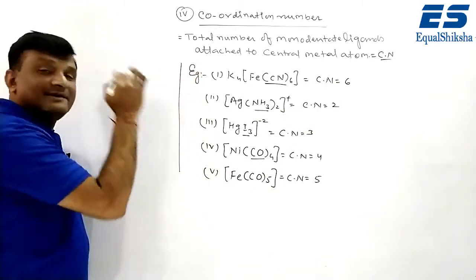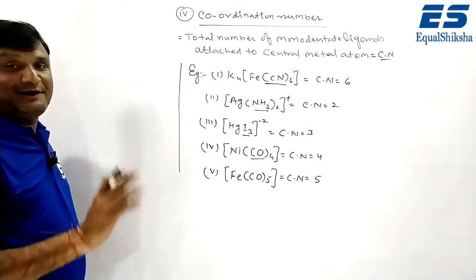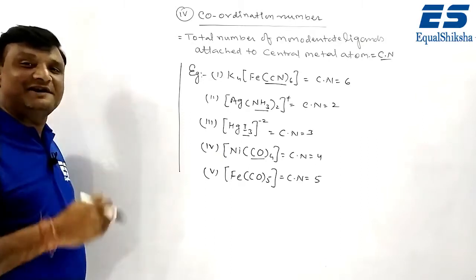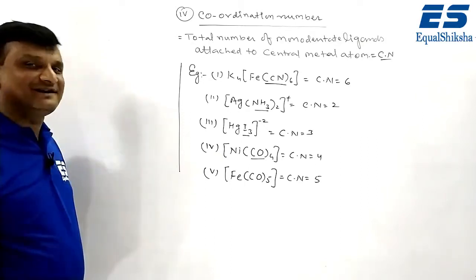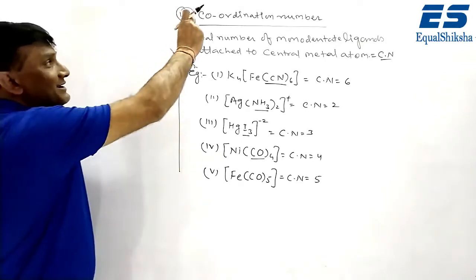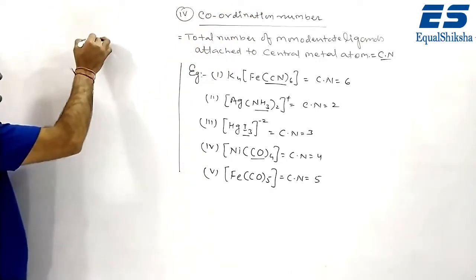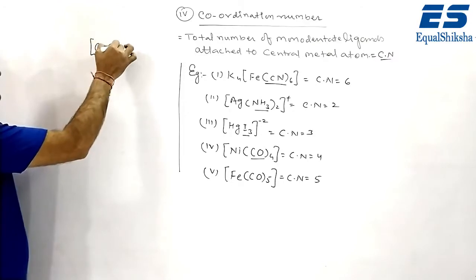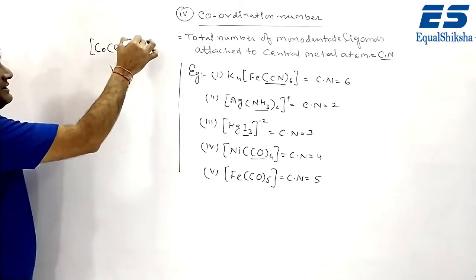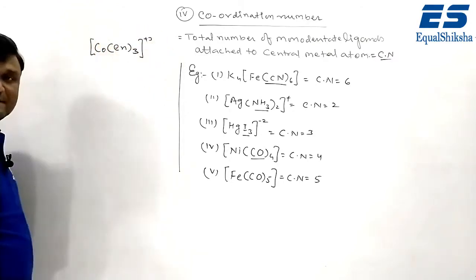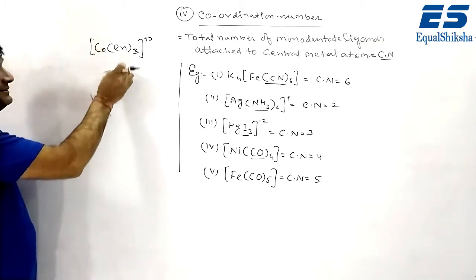But if there is a bidentate ligand, tridentate ligand, tetradentate ligand, pentadentate and hexadentate, and so on, then how can we calculate the coordination number? Suppose there is [Co(en)3]3+. Suppose this is cobalt, this is en.